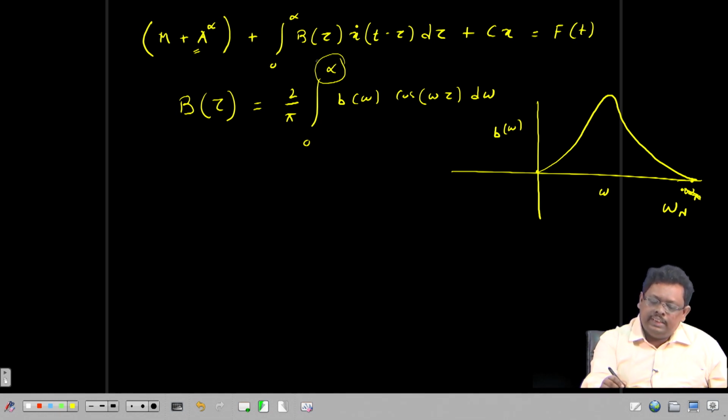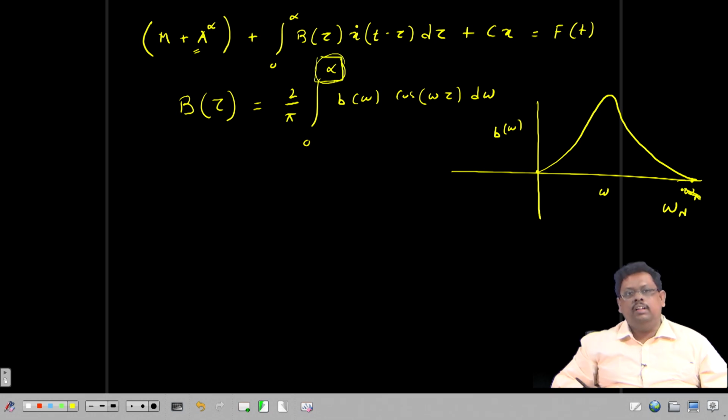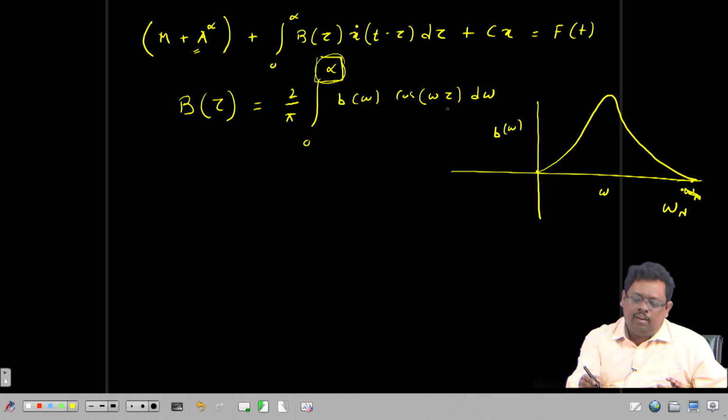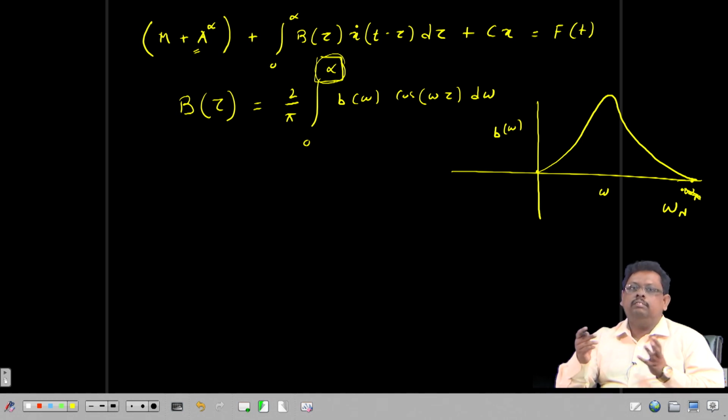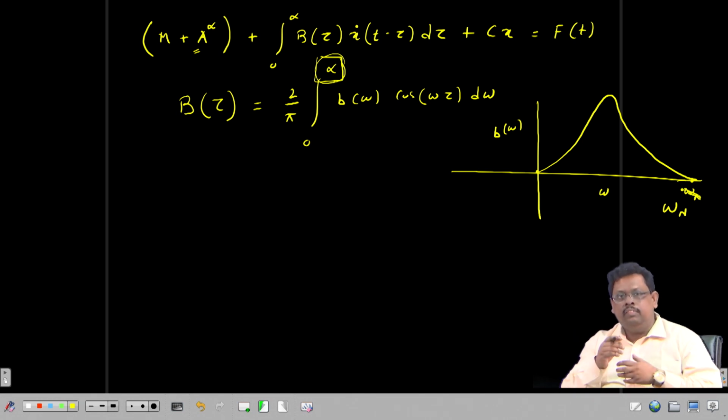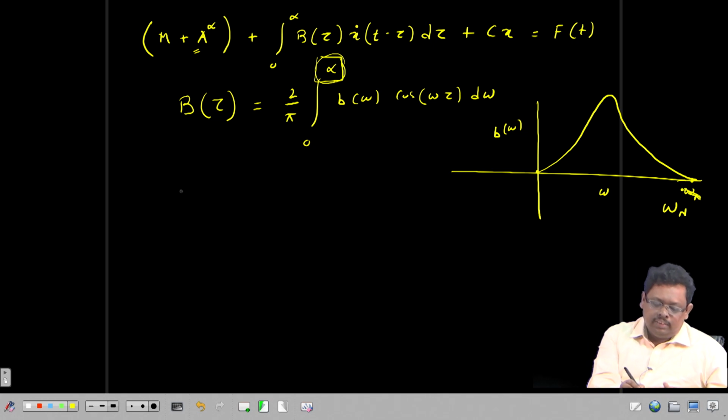So, this limit of infinity, when you calculate numerically, is not really till infinity. But remember that tau also varies here.